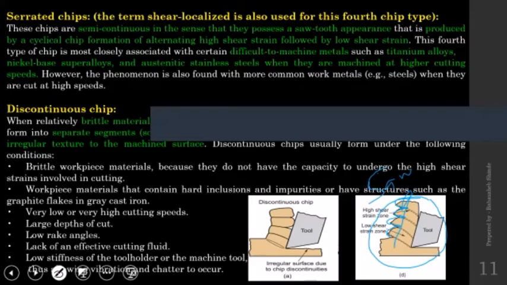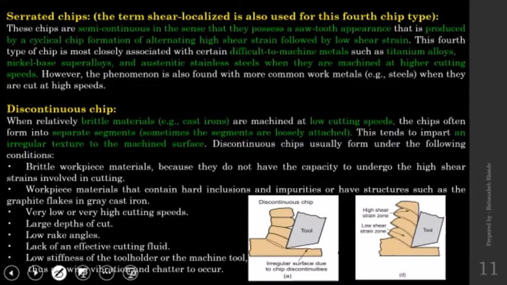If you have seen a sawmill, the blade that is used to cut wood will have this kind of teeth. In serrated chips, the surface of the formed chips has that saw tooth appearance, and because of that appearance, the chips are called serrated chips.